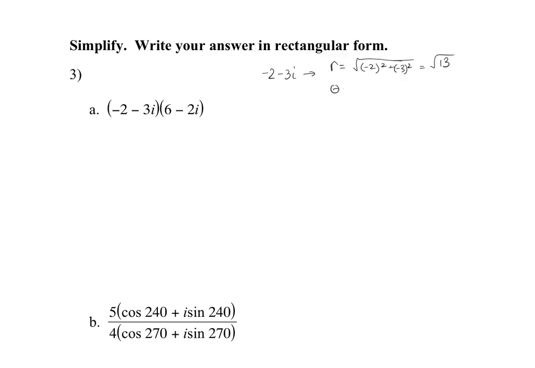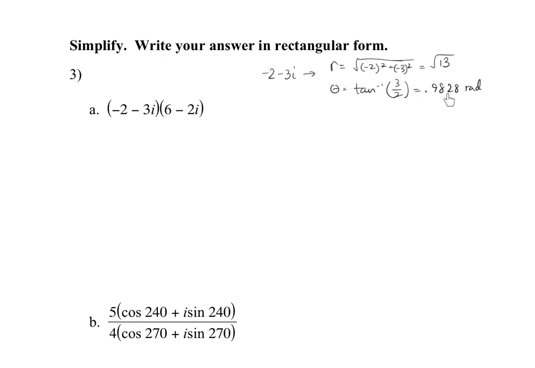And then theta is the inverse tangent of 3 halves. So that's not going to be a value from the unit circle, we'll just estimate here. It's 0.9828 radians.